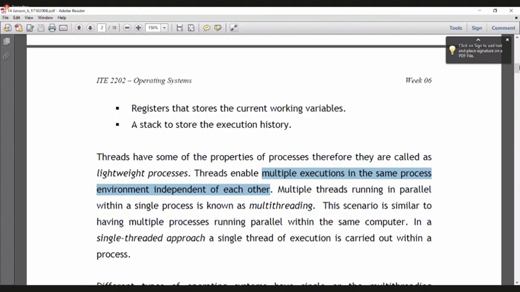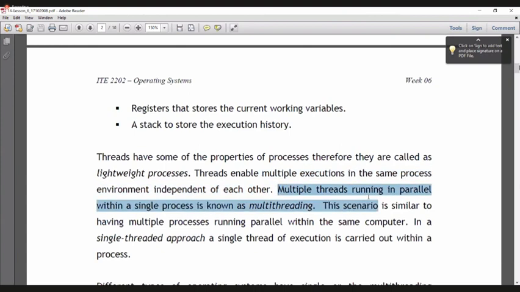For example, in your program, one section you may have to read values from hard disk or database, so you can run it independently from another section doing another task. But normal programs you can't run two sections of the same program at the same time, but using this thread concept, you can do that.